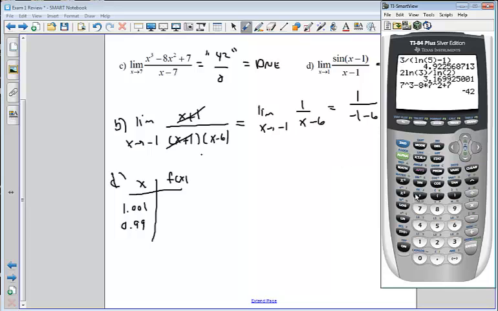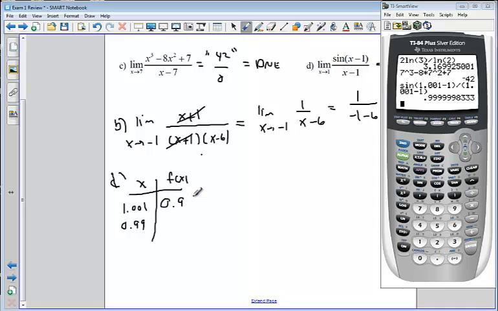So I could do sine of (1.001 minus 1) in parentheses divided by (1.001 minus 1) in parentheses, and I get about 0.999999999.